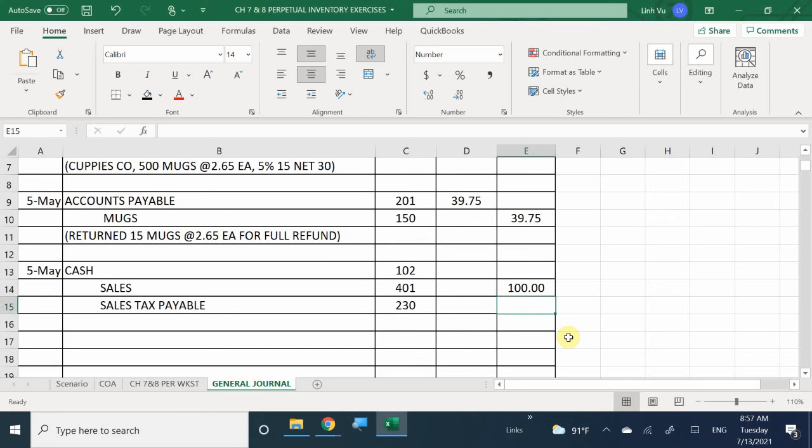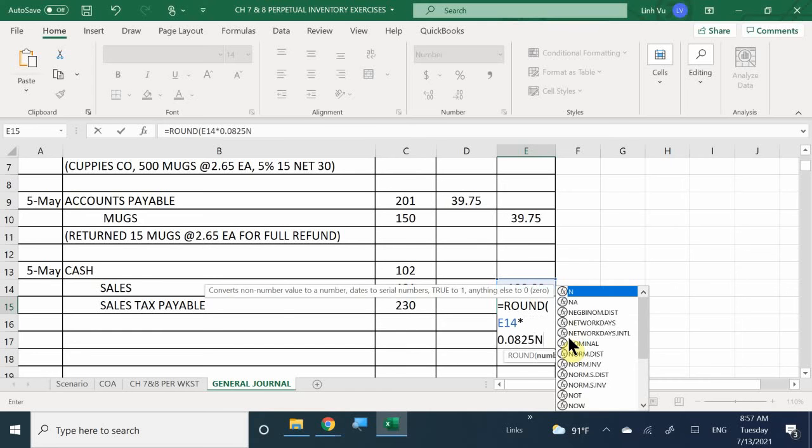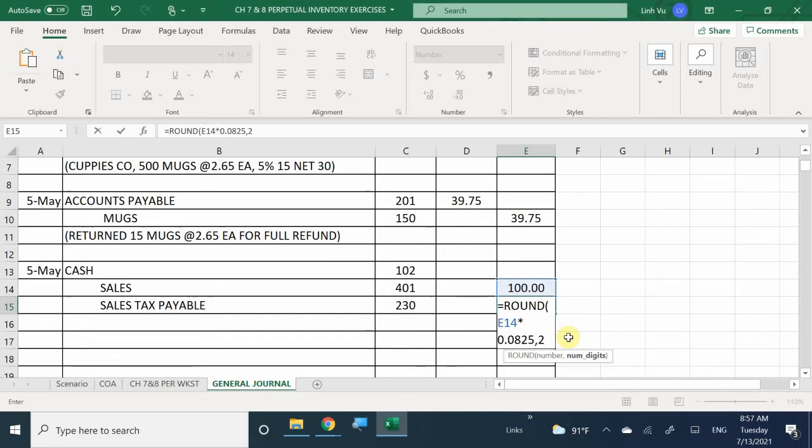So then how much tax is going to be charged? Do we use the standard tax? Choose the standard one, the one that I've been teaching you, 8.25%.